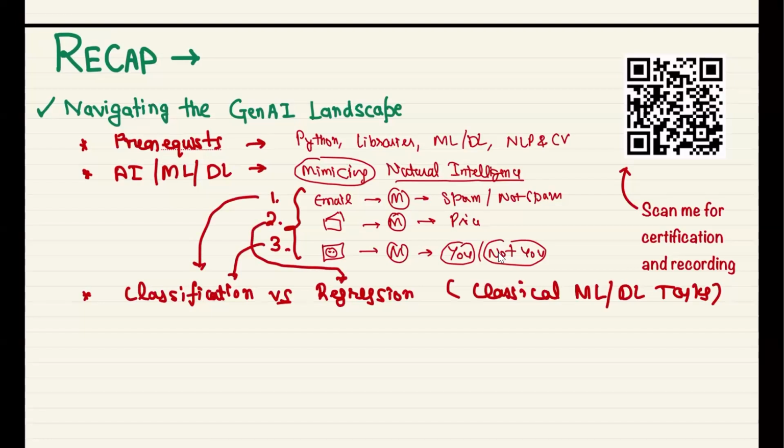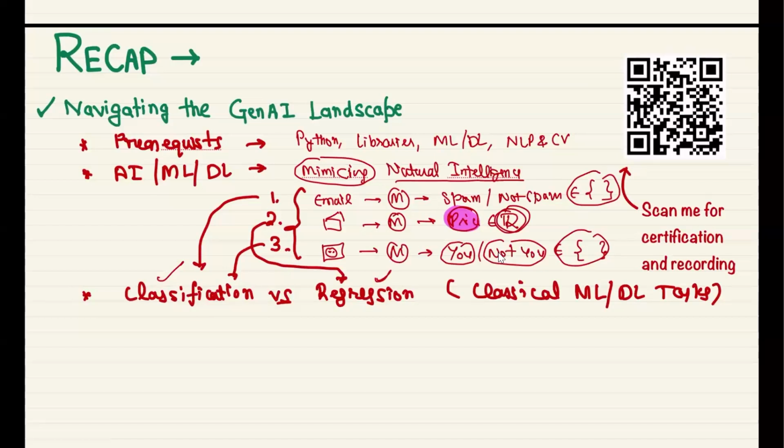Because the output you are predicting here is a real value, whereas over here the output is a categorical value, a set of categories which can be the outcome from the model. Since the output is categorical in these two, they both come under classification. Whereas if the output is a real continuous value, it comes under regression. Is that making sense now?